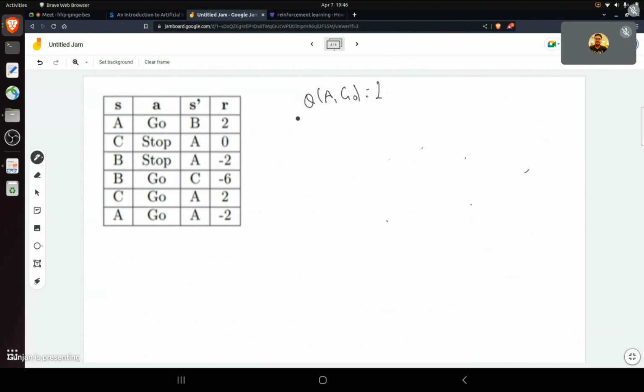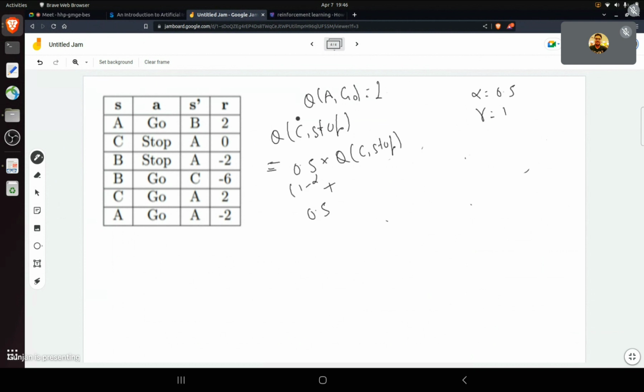Now can anyone tell me the equation for Q C comma stop? What would it look like, given that you have alpha as 0.5 and gamma as 1? So 0.5 times the previous value of C, plus.